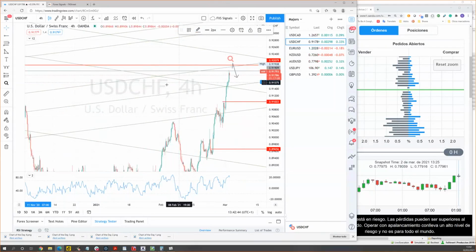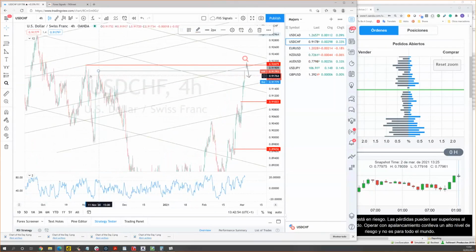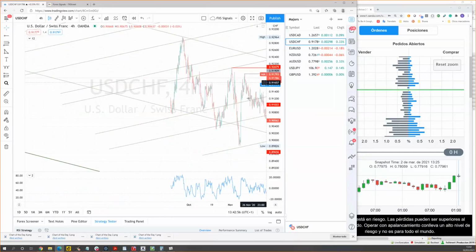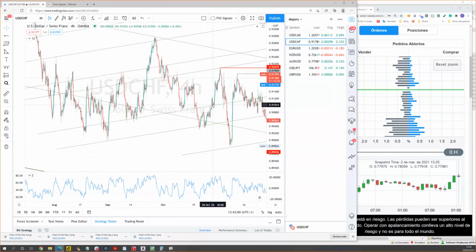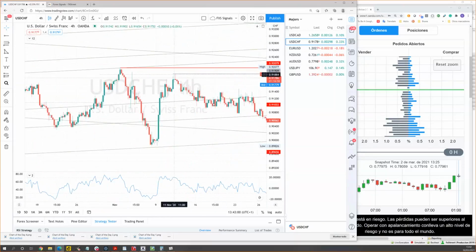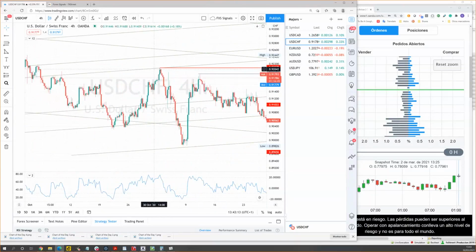But because of these levels here, let me zoom in, you see these wicks here and this bigger wick. All these wicks were in fact trying to get to the top here, and this probably was already reacting to previous levels.